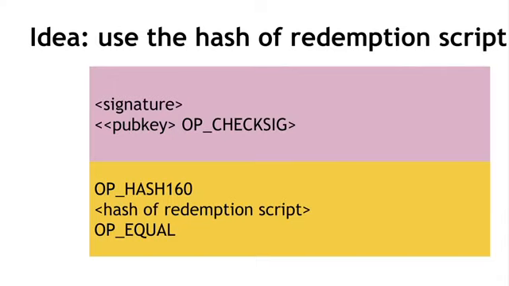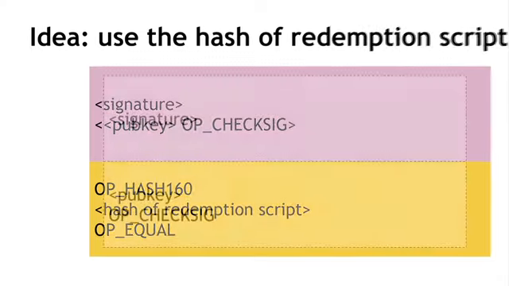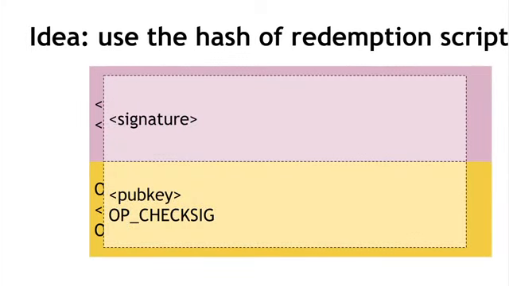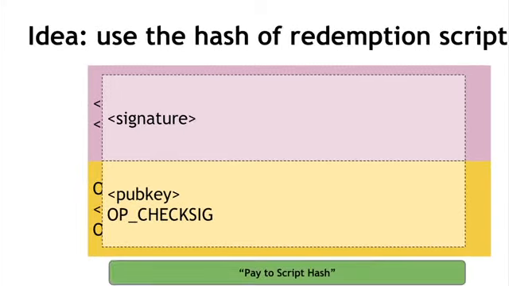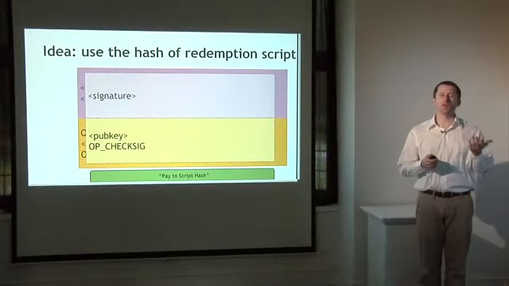First, there was this traditional script which checked that the redemption script had the right hash, and then the redemption script will be deserialized and run as a script itself, and here's where the actual signature check is going to happen. So this is called pay-to-script hash in Bitcoin as an alternative to the normal mode of operation, which is pay to a public key. And the reason this was so complicated is that this was added to Bitcoin after the fact. This wasn't part of the initial design specification.